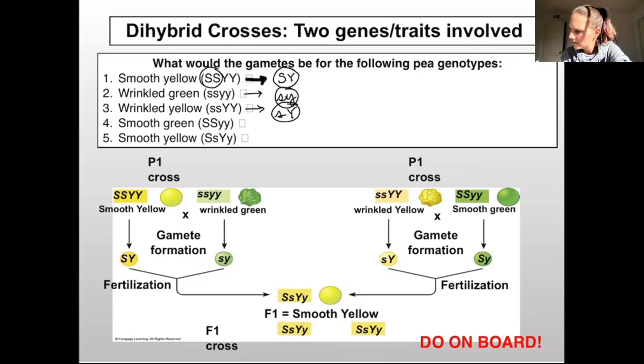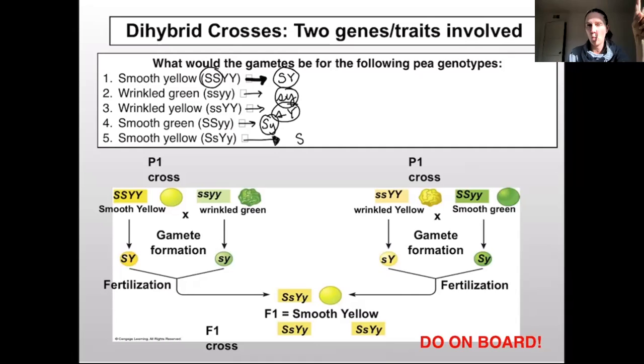All right, what about smooth green? Right, you're seeing a pattern here. So here's the one where people get really confused, all right? Take it slow. You can either give a big S or you can give a little s.